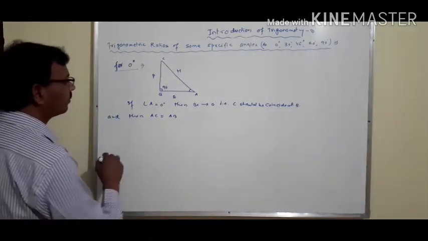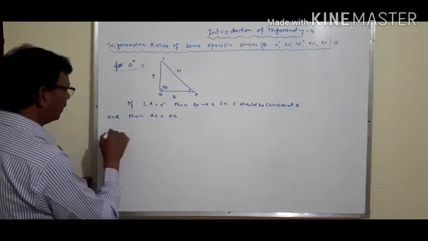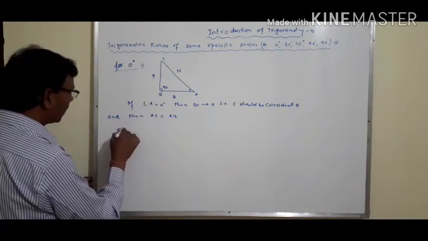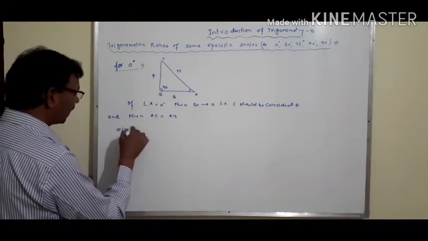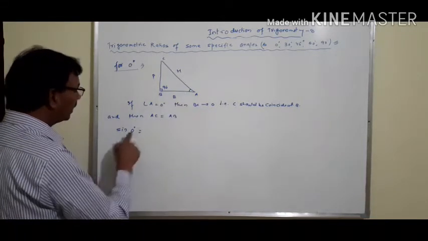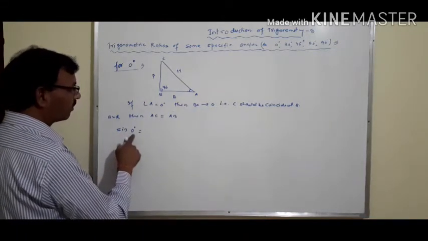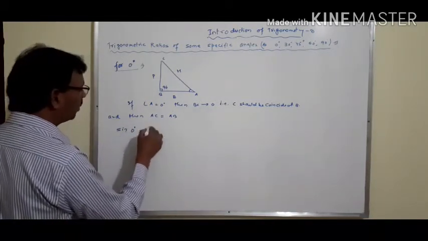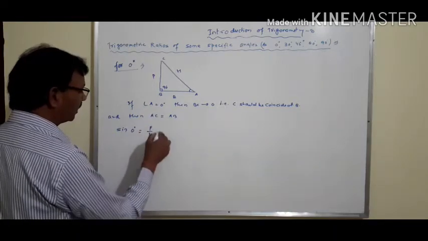Now we take sine of 0 degree, which means angle A is equal to 0 degree. Sine 0 degree equals perpendicular upon hypotenuse.